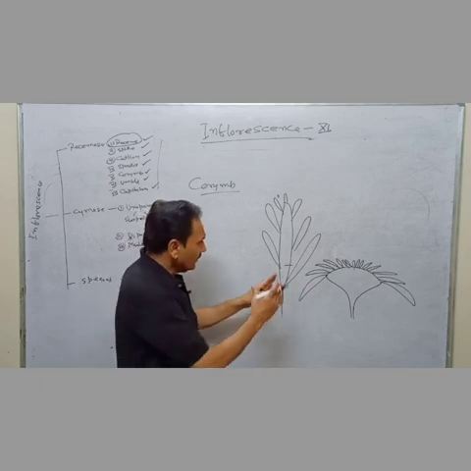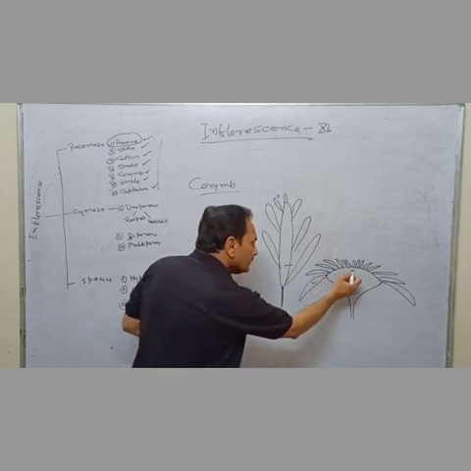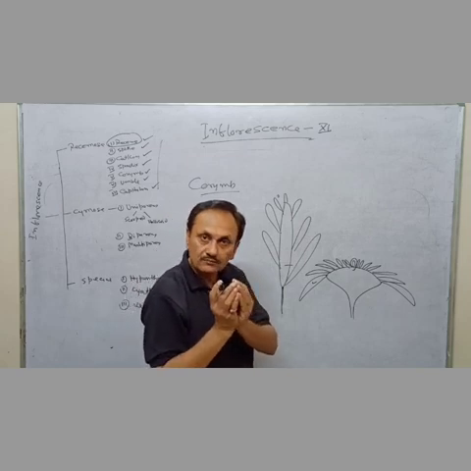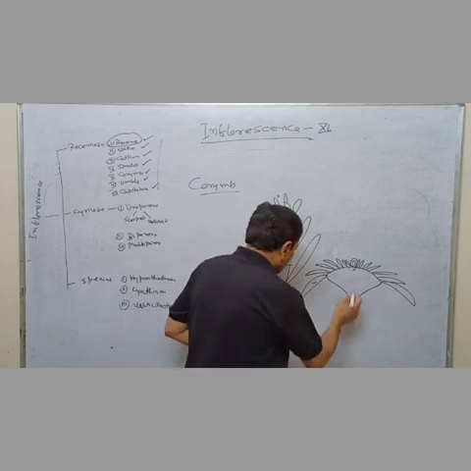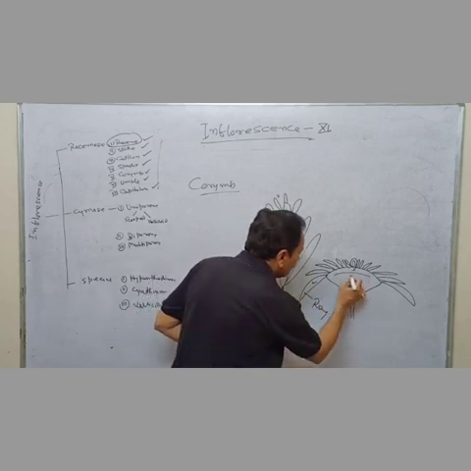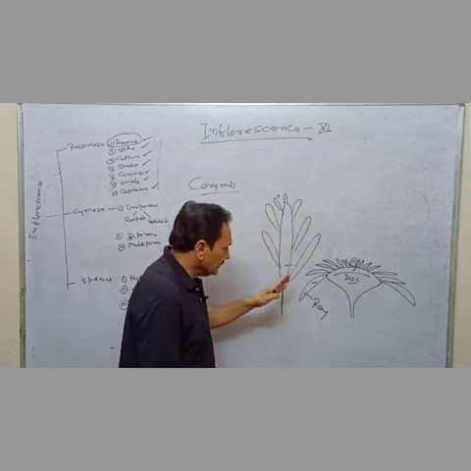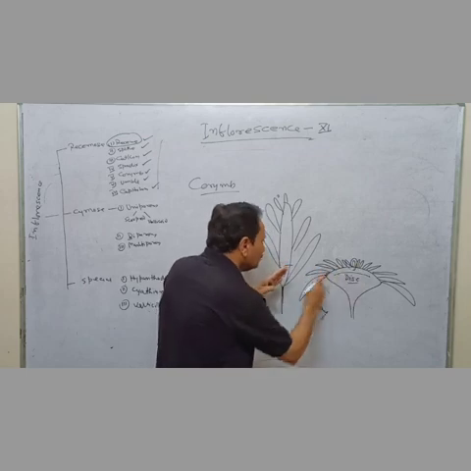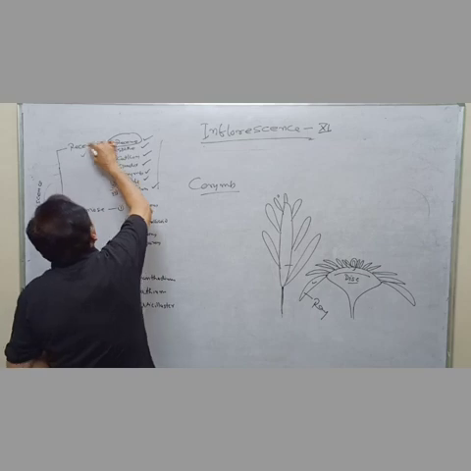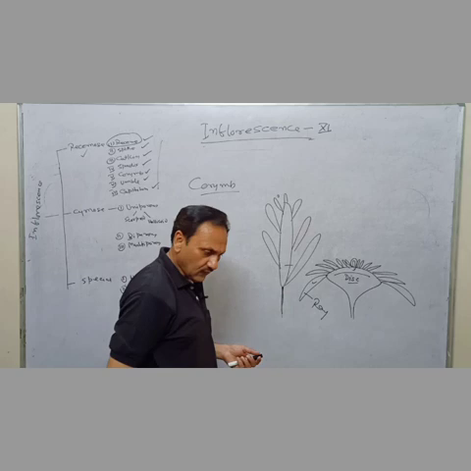It means the older flowers are here, and gradually newer flowers are shifted to this point, and their flower size is small. In the capitulum, this is called the ray flower and this is called the disc flower. They are also in acropetal manner, because of that this is also the racemose type. This case can be observed in the common flower called sunflower.